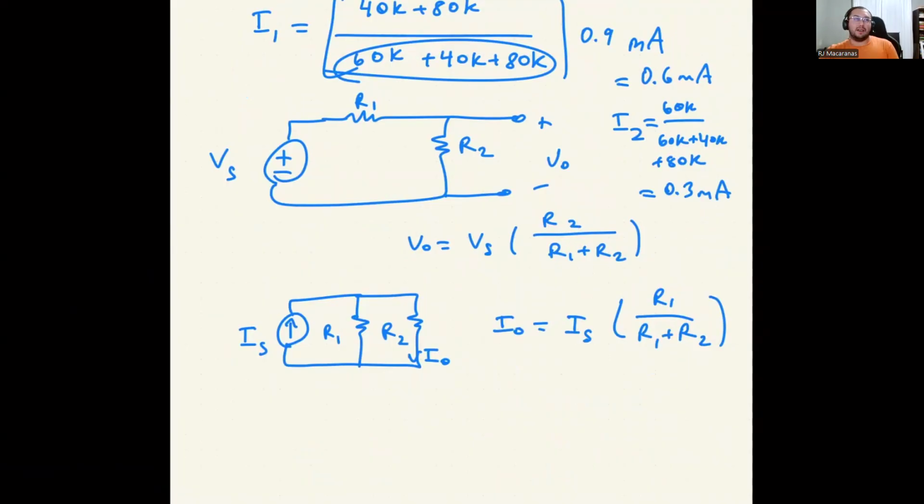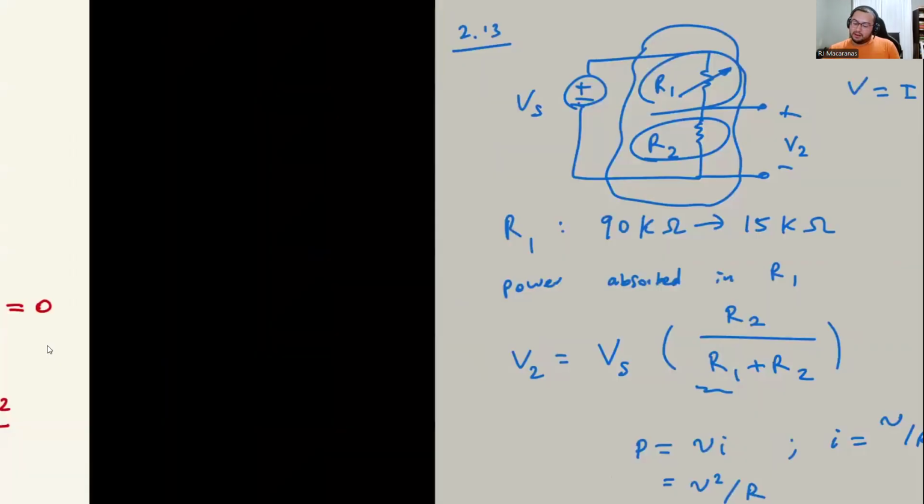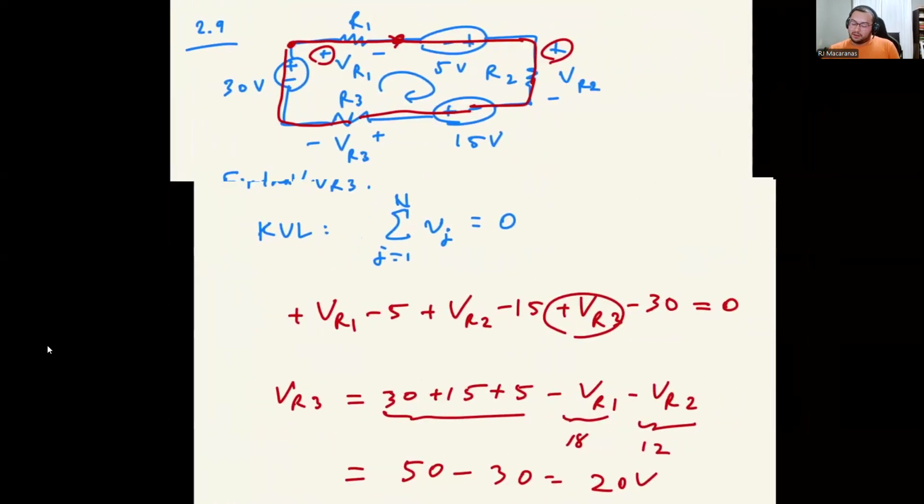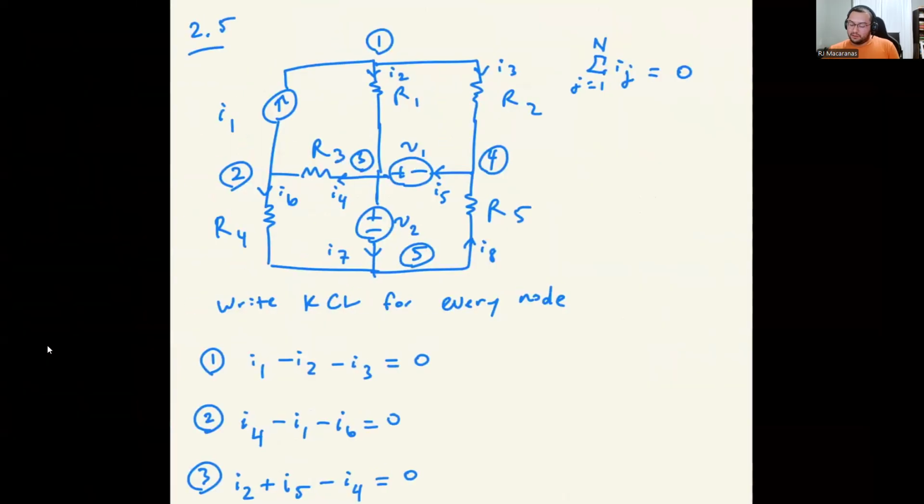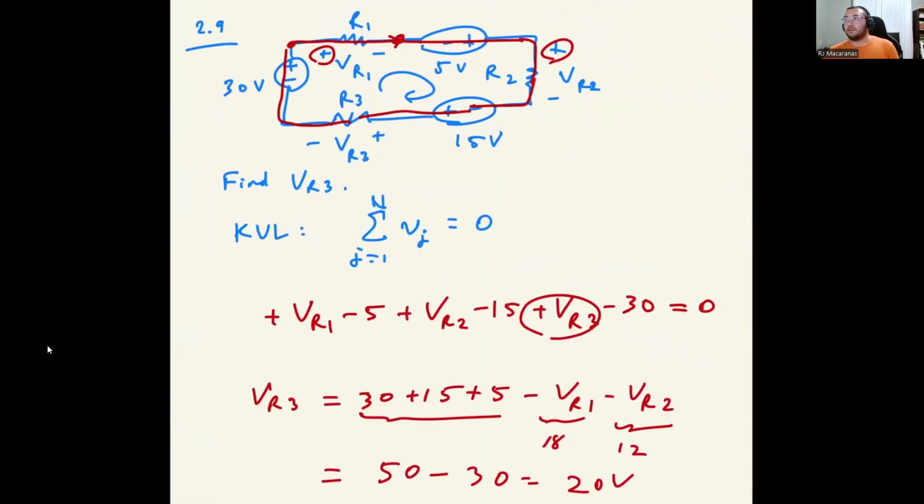Because that's kind of just getting an introduction to these kinds of ideas. Really the important takeaways are Kirchhoff's current law, which we examined here, where we're just adding up the currents going into and out of a node, and then Kirchhoff's voltage law, where we're going around a loop, adding up the voltage rises, subtracting out the voltage drops, and then summing that to zero.